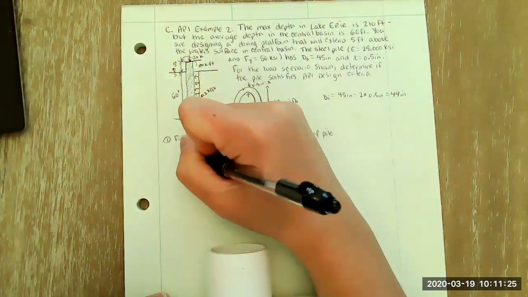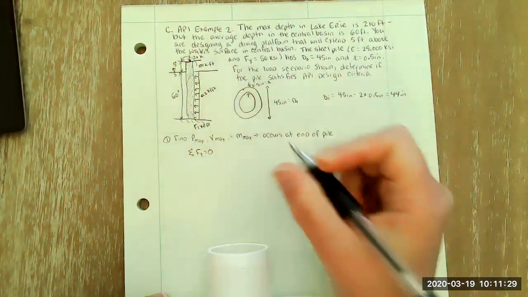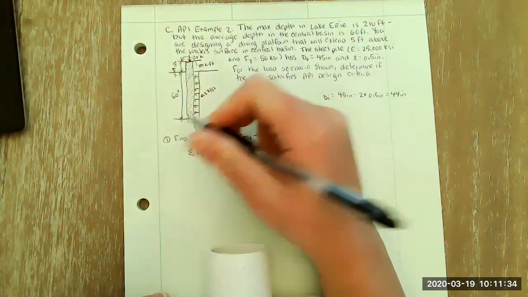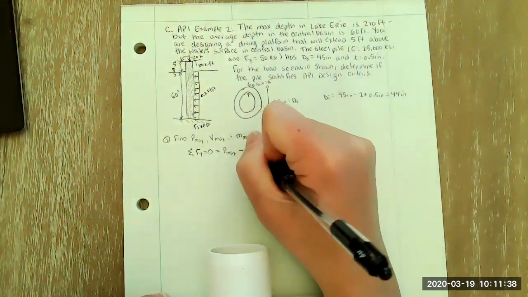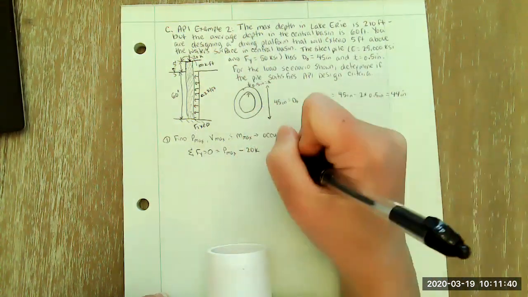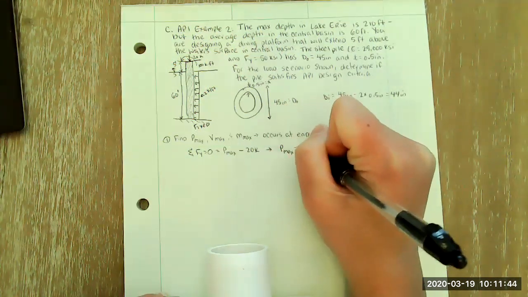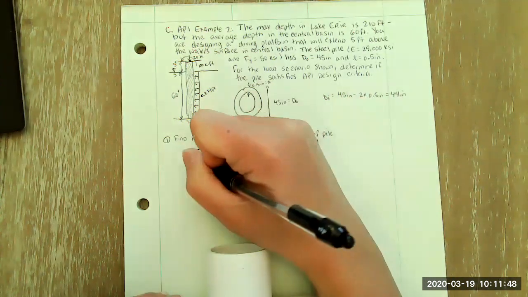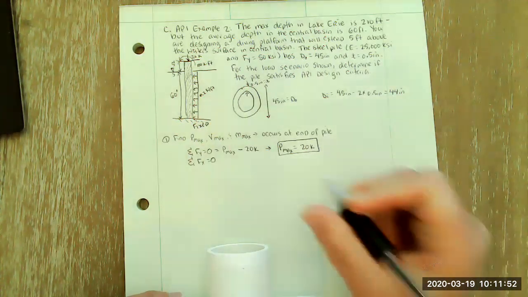I can say the sum of the forces in the y direction is equal to 0, which would equal my P max, my reaction here at the base of the pile, minus the 20 kip load in the y direction. So P max is equal to 20 kips. Similarly, the sum of the forces in the x direction equals 0.